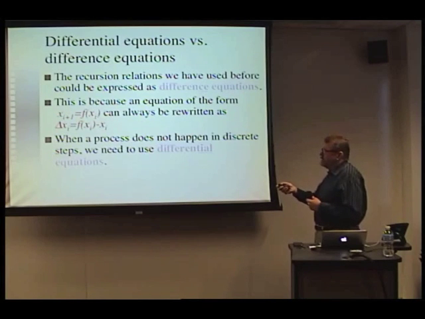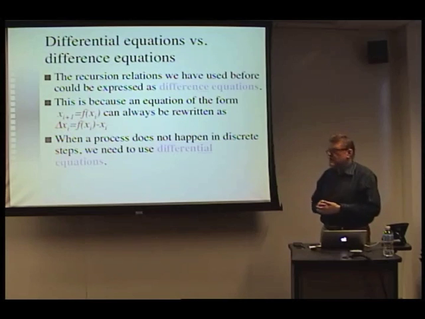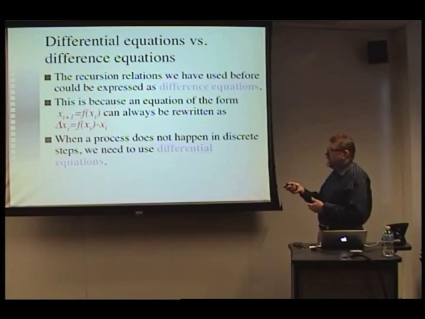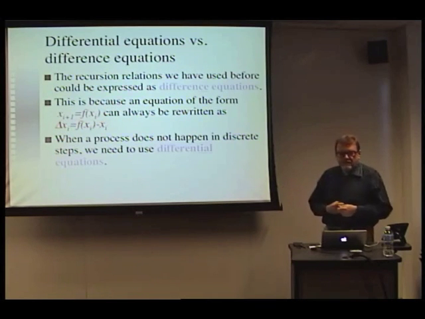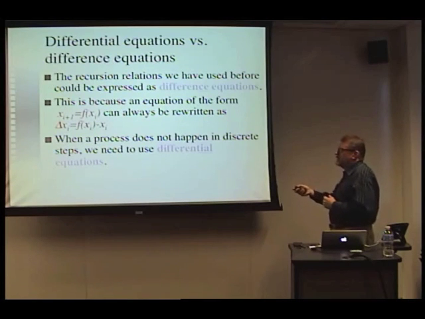Regardless of what f is, we can always rewrite that as the change in x at generation i being the function minus the number in the previous generation. Okay? So whether we're talking about insects or anything else, if we have a recursion relation with this discrete change, we can always rewrite it as a difference equation.